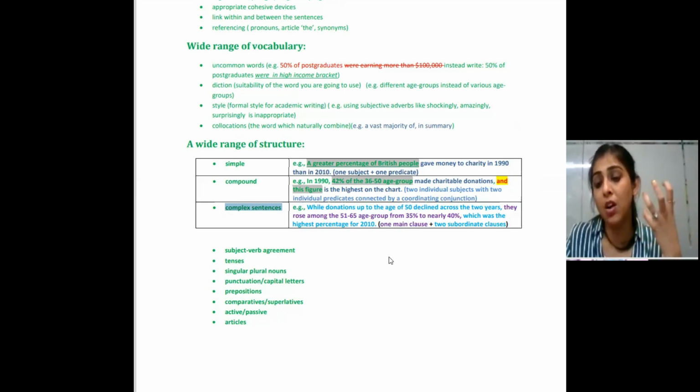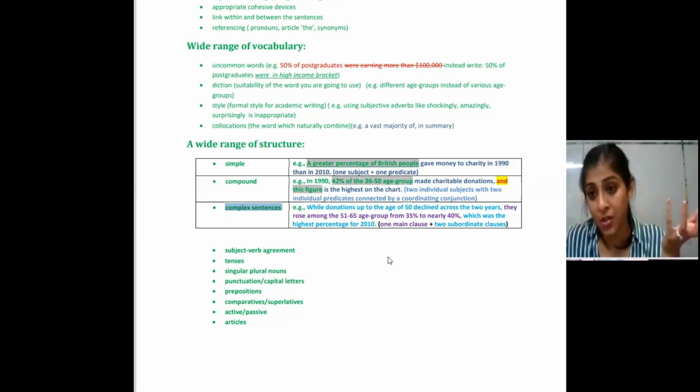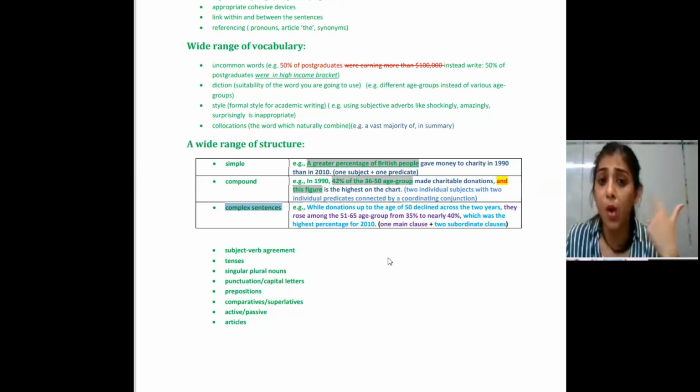The main clause is a sentence which can stand on its own, which has complete meaning on its own. That's the main clause, which we call the principal clause as well. A subordinate clause is something which cannot stand on its own. Got it? So here we have, look at the example.